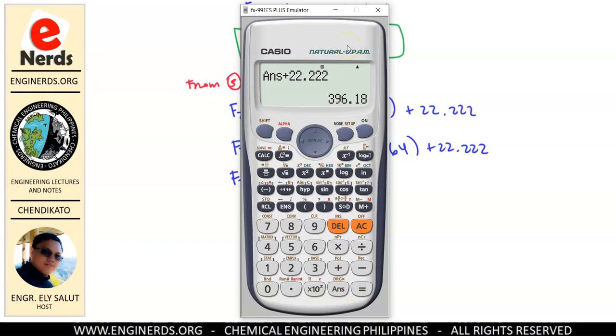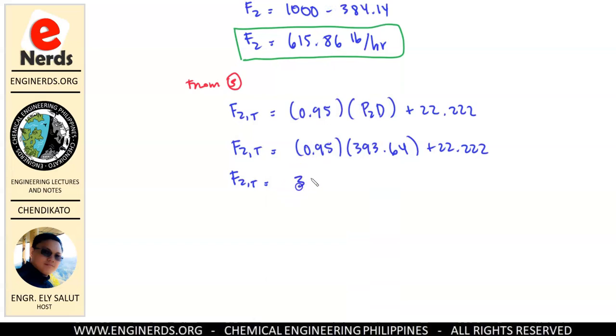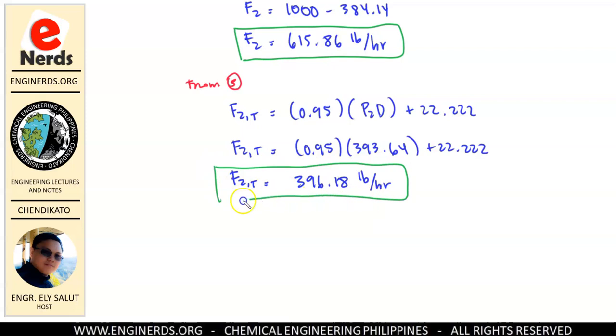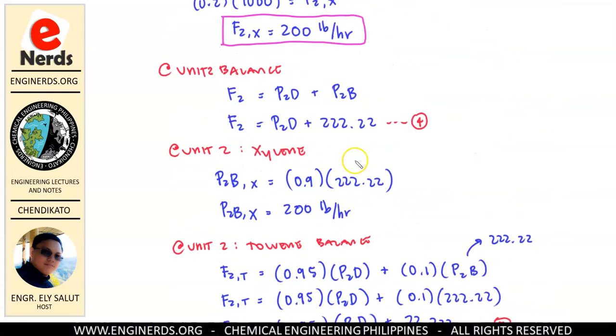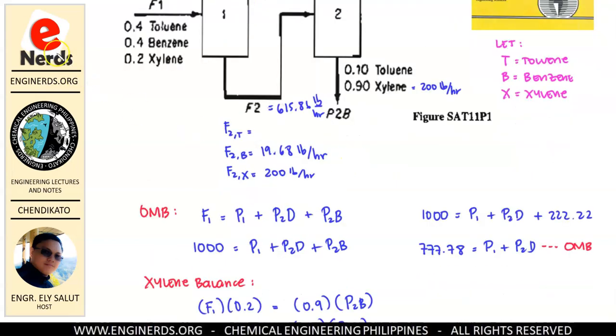So we have 396.18 pounds per hour. Okay, so nakuha na natin ngayon yung ating F2T. 396.18. So let me write that here. Okay, so 396.18 pounds per hour. Okay, so nakuha na natin basically lahat ng value niya.